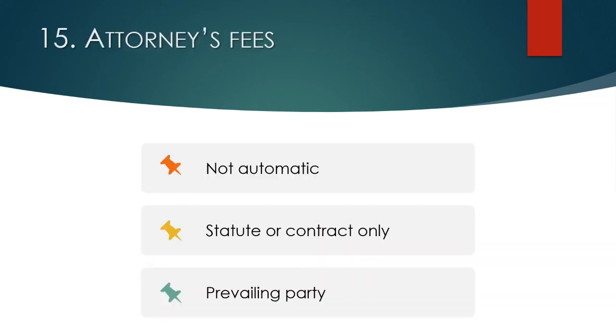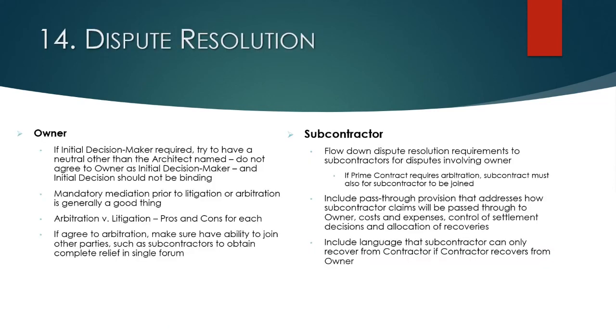Let me go back to that slide real quick, Austin. Just one note on arbitration versus litigation. Lots of clients over the years have said we like arbitration, we hate arbitration, we like litigation, we hate litigation. I'll give you a couple of pros and cons.